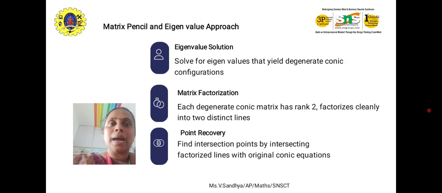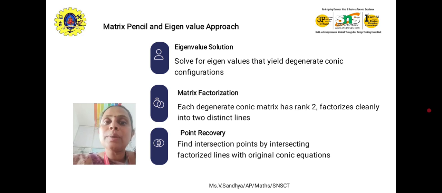Next, the matrix pencil and eigenvalue approaches. First, the eigenvalue solution, which all of you know. In this eigenvalue solution, first we find the characteristic equation. For example, consider a 2 by 2 matrix. The characteristic equation is lambda square minus c1 lambda plus c2 equals 0.